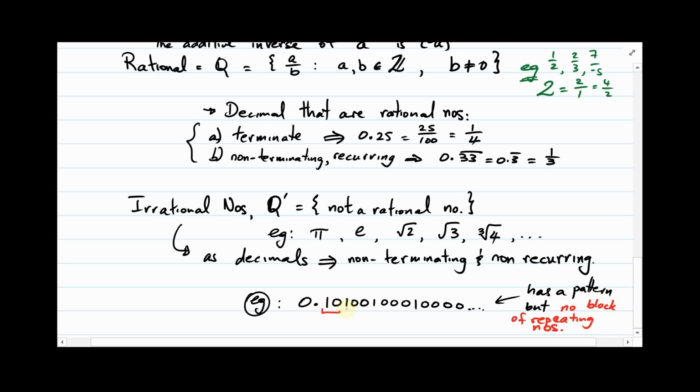Right, so if I tried 0.10 or 10 and try to repeat it, the pattern has been broken. And no matter what I do here, there's no way that I can put this under a repeating bar. So this will be an example of an irrational number.